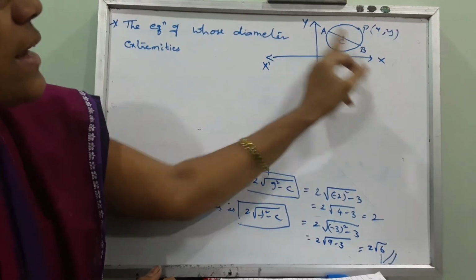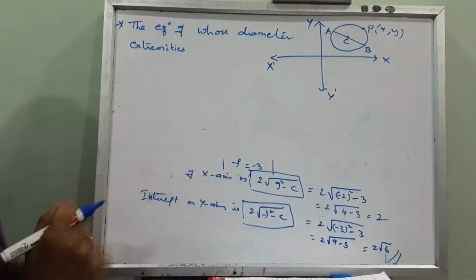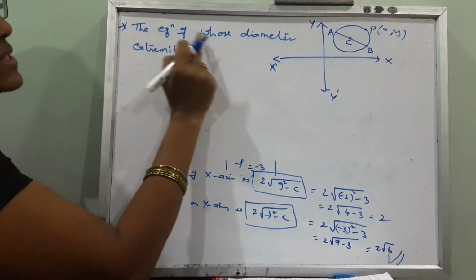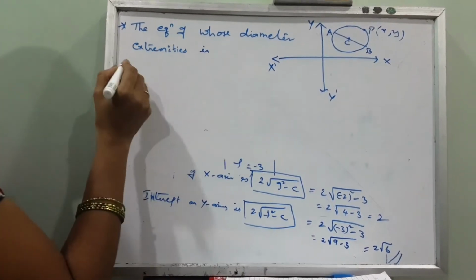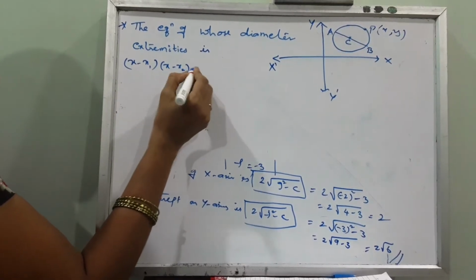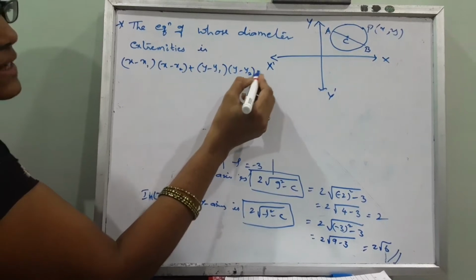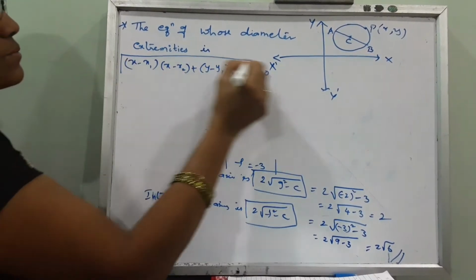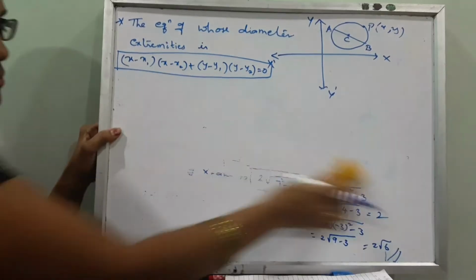The diameter is AB, and point A and point B are the extremities. The equation with diameter extremities is x minus x1 into x minus x2 plus y minus y1 into y minus y2 is equal to 0. This is the formula for diameter extremities.